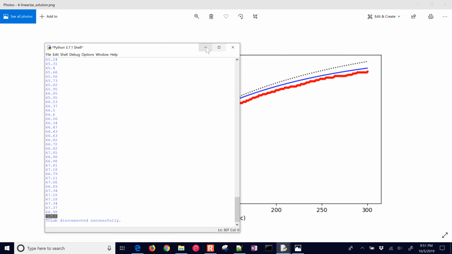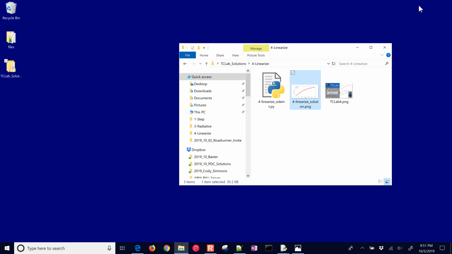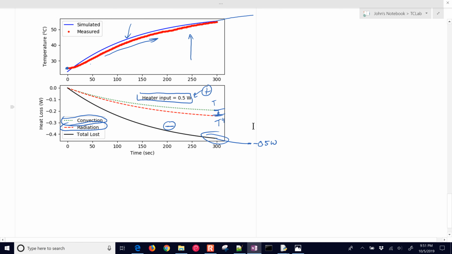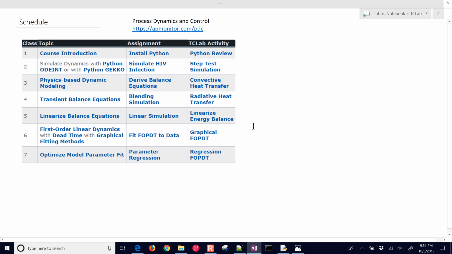Okay, and let me just explain a little bit about the overview of where we're going with this right now. We have this as the fourth of many on the temperature control lab. So I just want to go back to the overview and draw a little bit of a map about why we're doing these things.